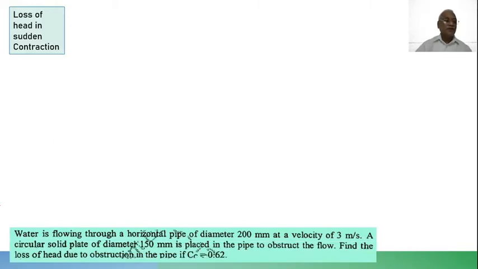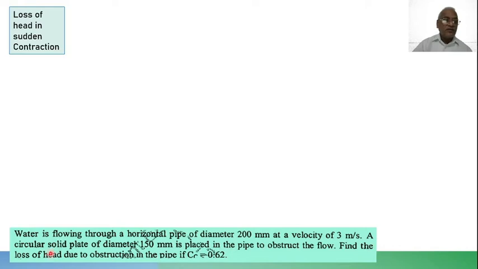Here I have a problem. Water is flowing through a horizontal pipe of diameter 200 mm, that is 0.2 meter, at a velocity of 3 meter per second. Okay, velocity is given.